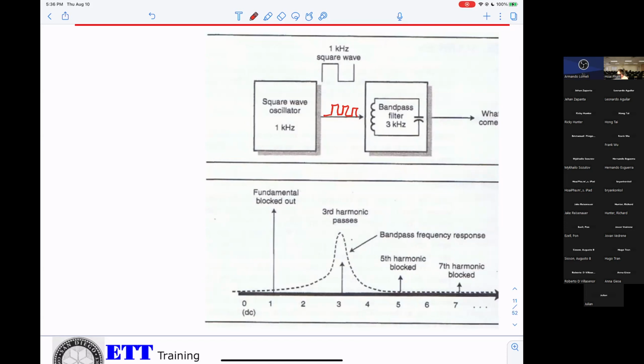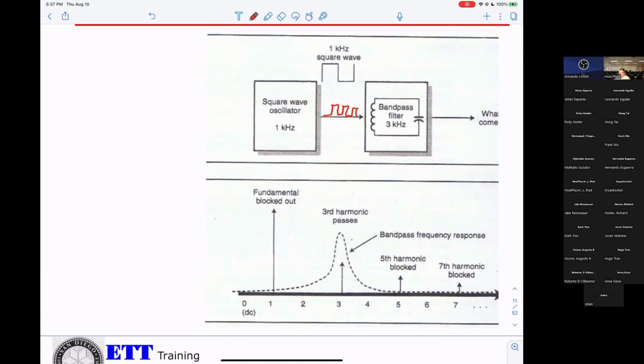Okay, and this is the band pass filter. You understand the band pass filter? Okay, that means they allow the signal between the lower cutoff and higher cutoff to pass; any different frequency will be blocked. This is a band pass filter at 3 kilohertz.